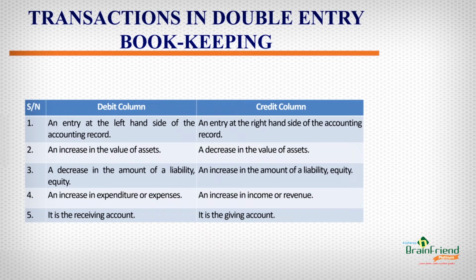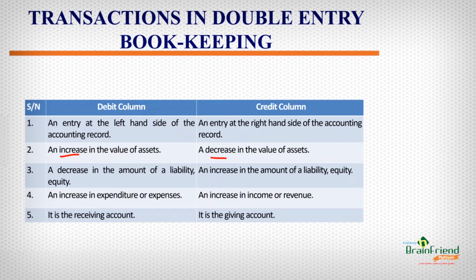Then next we have it that a decrease in the value of assets is recorded in the credit column. Remember that in the debit column we have an increase in the value of assets, but in the credit column we have a decrease in the value of assets. Thirdly, an increase in the amount of liability and equity.